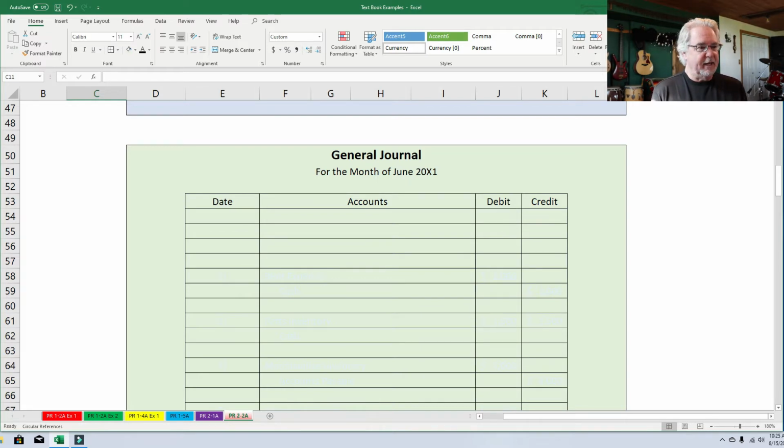For example, if your boss said, hey, did our customer pay us last Tuesday? Well, you could look it up in the general journal. It'd be a lot easier that way. If your boss asked, hey, how much did we deposit in the bank yesterday? Well, the general journal could help you there too.